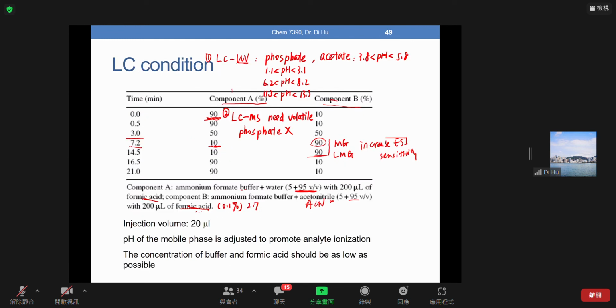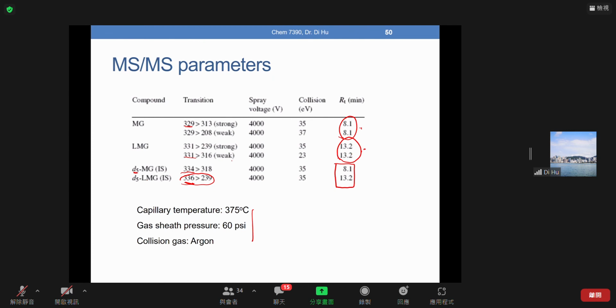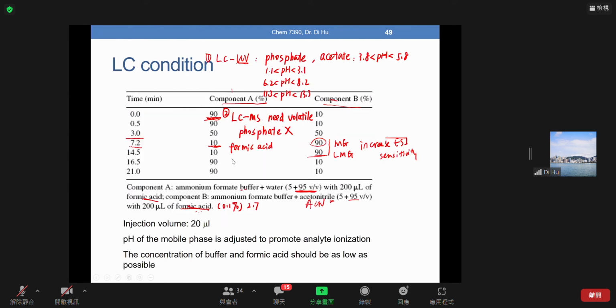What you can also use is something like ammonium formate, and also ammonium acetate.